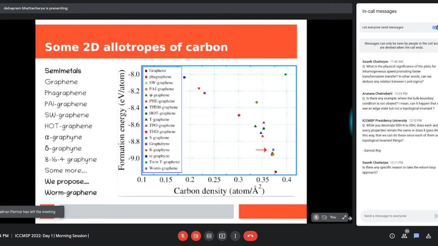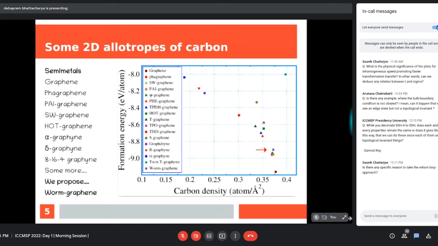In the graph, square points represent semi-metallic allotropes, triangular points represent metallic allotropes, circular points represent semiconducting allotropes, and diamond-shaped points represent double Dirac materials. You can see that graphene takes the lowermost position, and that black square with red outline is the position of graphene, which has the lowest formation energy.